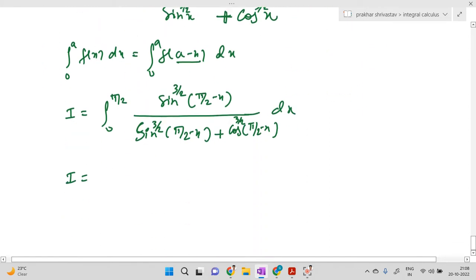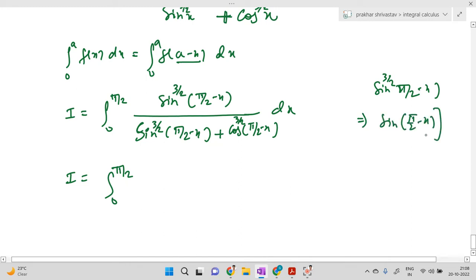Now coming to this, 0 to pi by 2 on the top. We can write sine of pi by 2 minus x to the power of 3 by 2 more conveniently as sine of pi by 2 minus x, the whole to the power of 3 by 2.